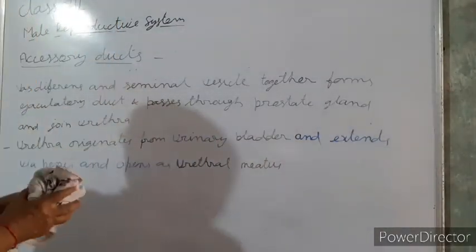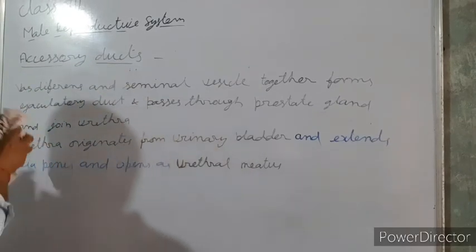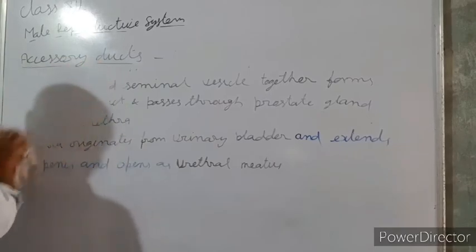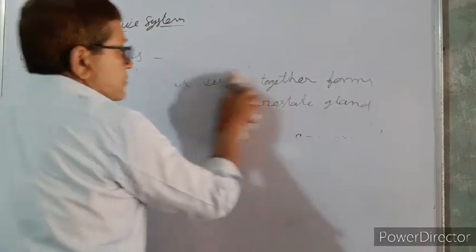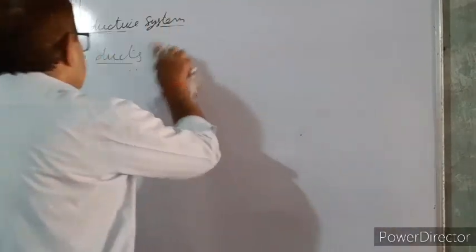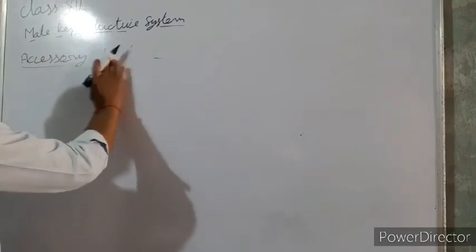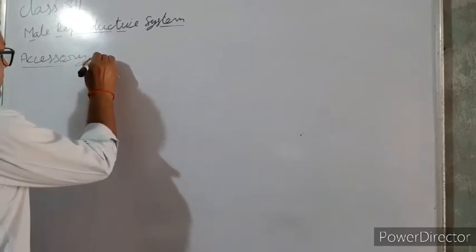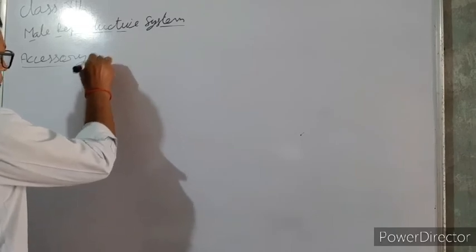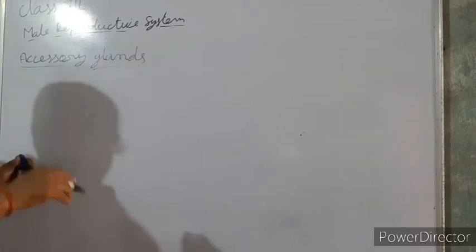This was the accessory ducts, and the next one is the accessory glands.